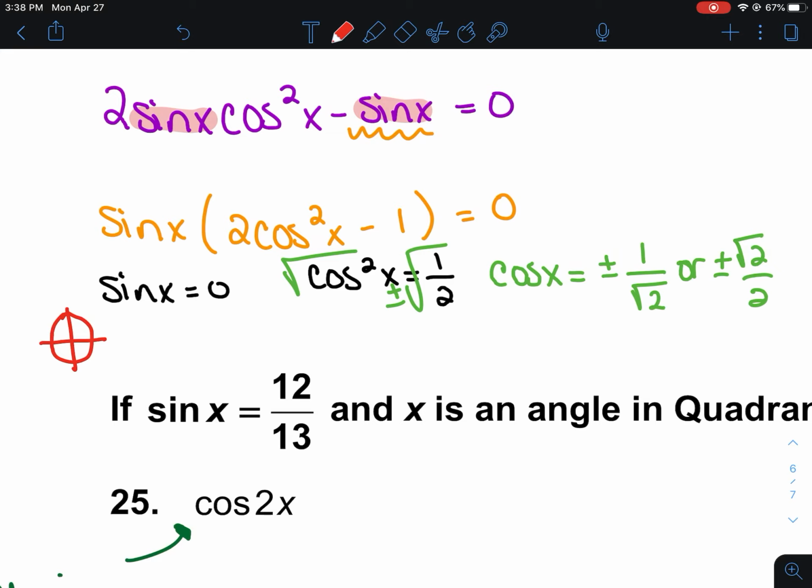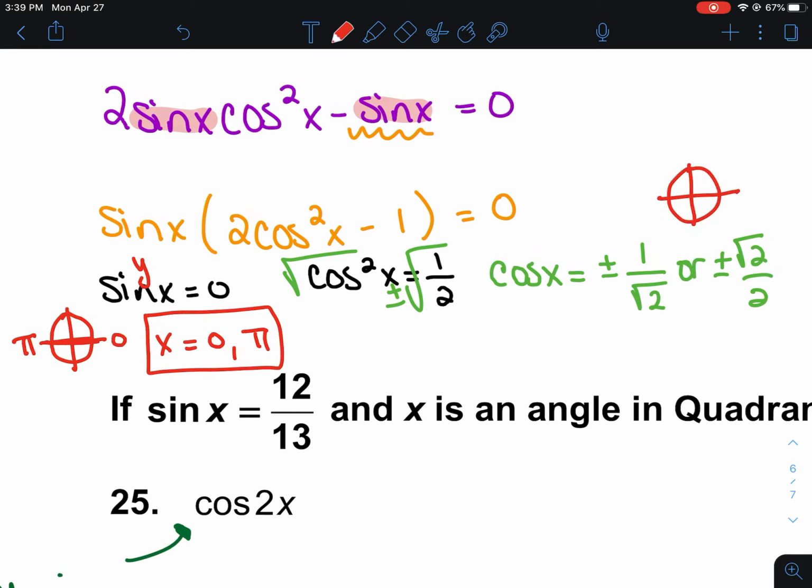So where is sine of x equal to 0? Remember, sine is the y coordinate. When is the y coordinate equal to 0? At 0 and at pi. All right, over here, for cosine of x equals plus or minus root 2 over 2, cosine is the x variable.